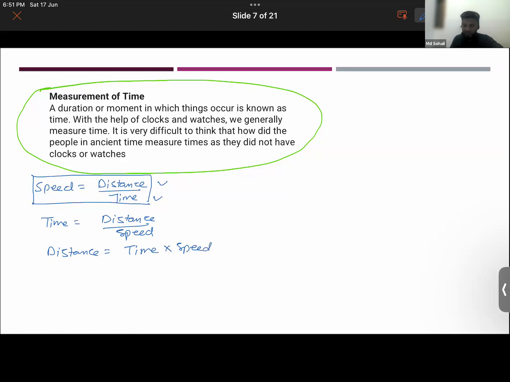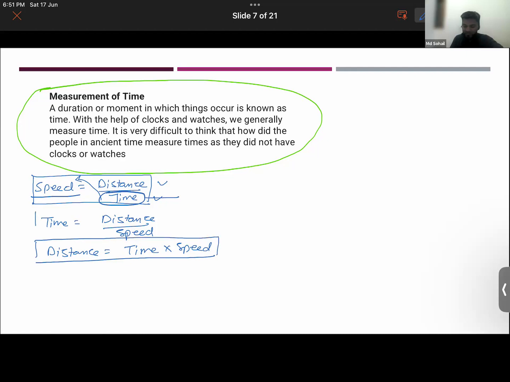Because if you transpose this time to the left side, here it is in division with distance, so it will go into multiplication with the speed. So distance can also be calculated like this.